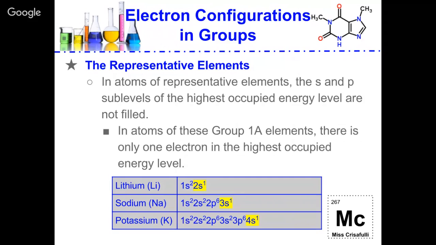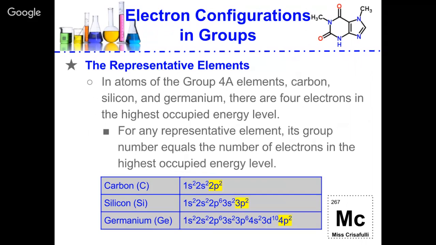So these are ways that we can, like we said in the last chapter, write the electron configurations based on the location of the elements in the periodic table. If we were to look at group 4A elements, like carbon, silicon, and germanium, the same is true. All of these elements are found in the second column of the P block.